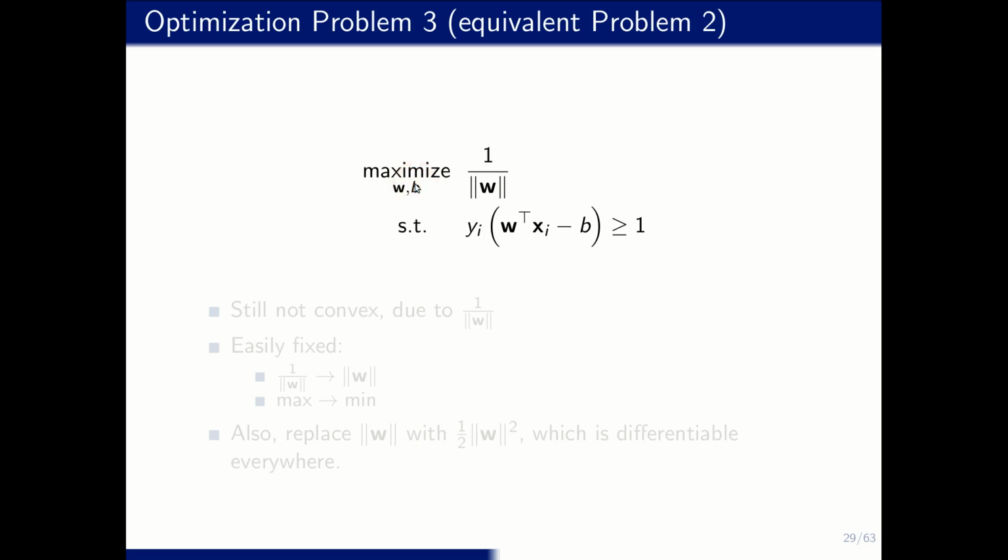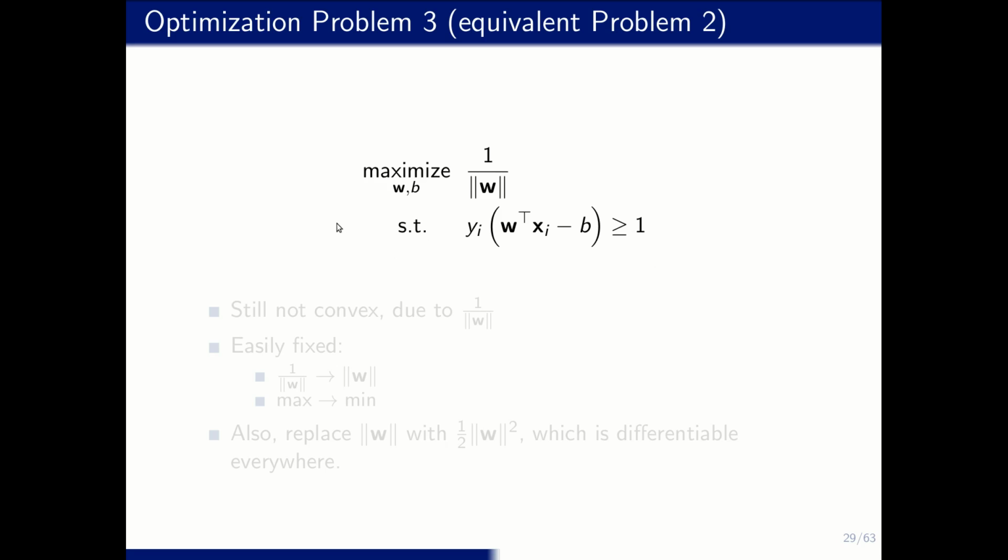Maximize with respect to the parameters of our hyperplane 1 over the norm of w, so this is the margin, subject to all the margin constraints being fulfilled. So essentially this is now equivalent to the previous problem. This is just a slightly different derivation, and solving it, an optimal solution here will be the maximum margin hyperplane.